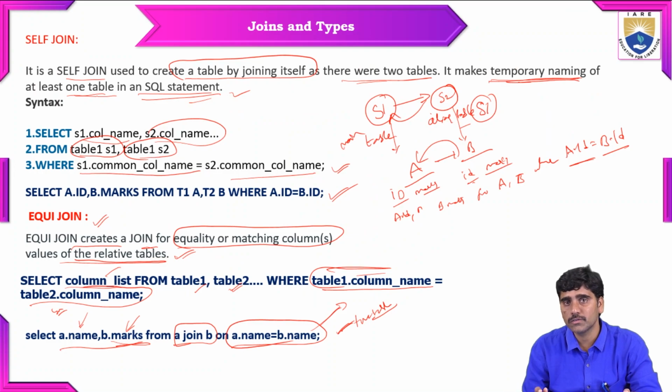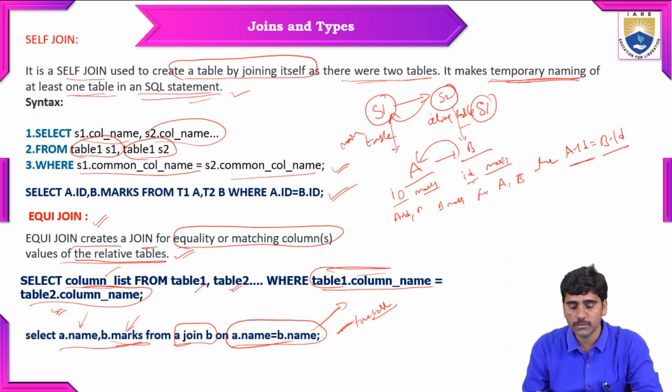And self join is used to join a table with itself and it displays the values like performing an inner join or simple join, just that it creates an alias name for the table, joins it together and displays the result.